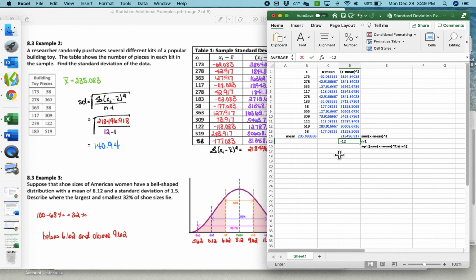So 12 minus 1 is, of course, 11. And then we want the square root of this number divided by this number. So we'll say equals SQRT, parentheses, this cell divided by this cell, close parentheses. And there's our standard deviation.